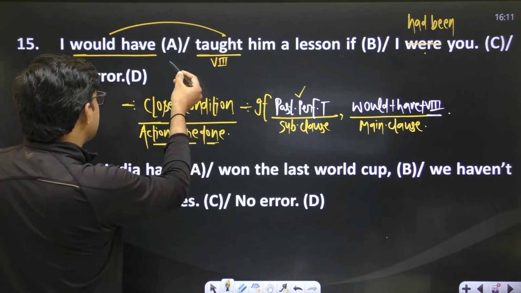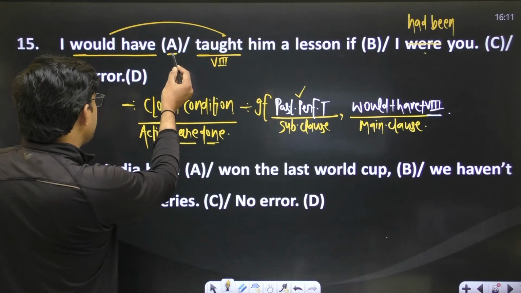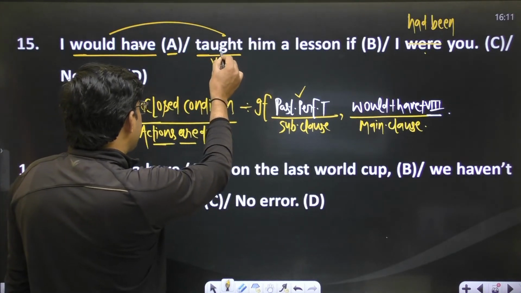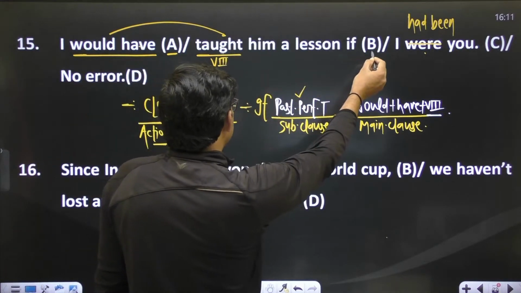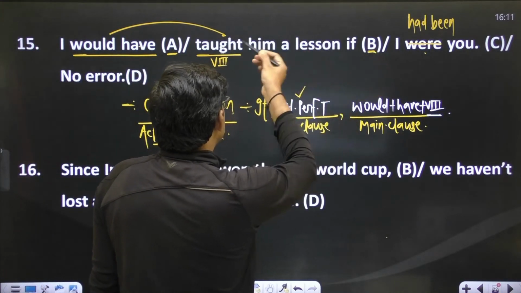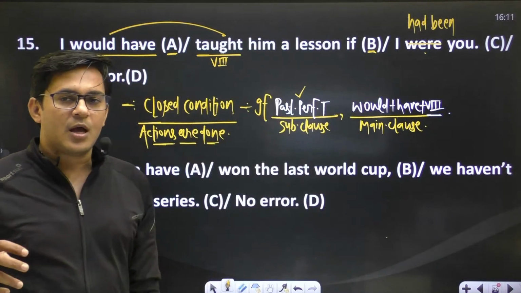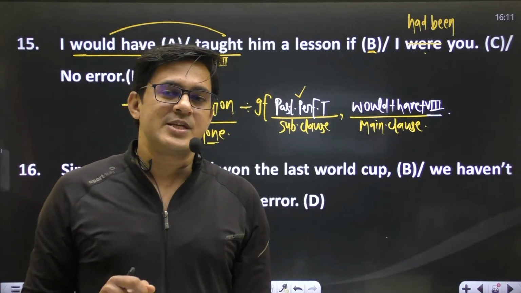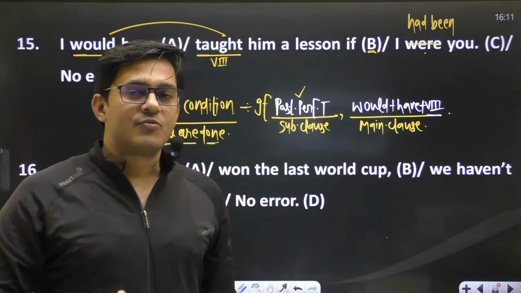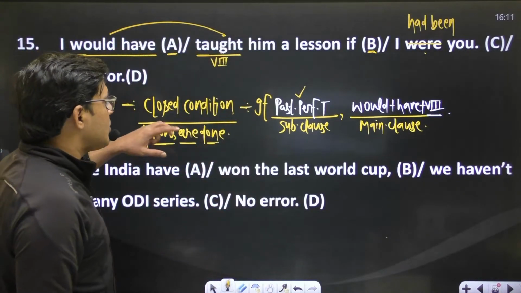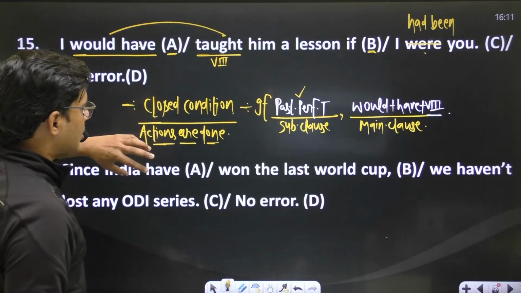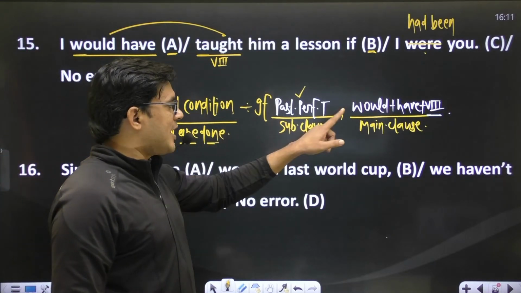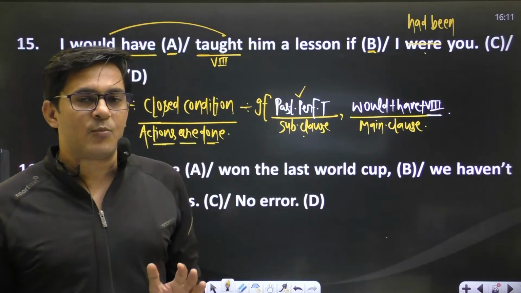By doing this, you will find an error in part A, and you will also have an error in part B. This is not possible, as we always have an error in a single part. That's why it comes to closed condition, not semi-closed, and in that condition we use past perfect and would have plus V3.